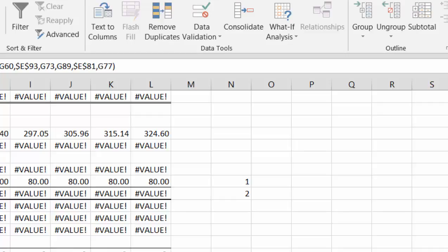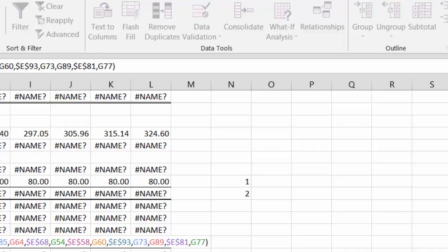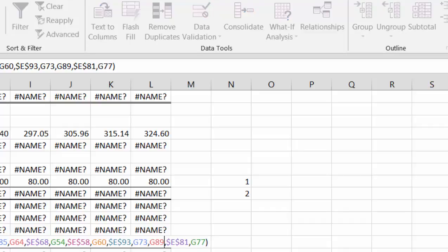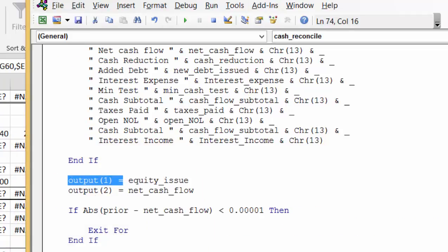Okay, so now if we press F2, Shift Control Enter. Oh, I forgot to name that cache reconcile. Okay. Tab over, of course. Wrong number of, oh, of course.